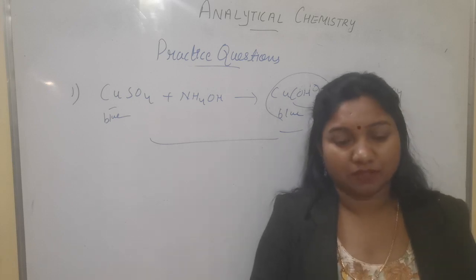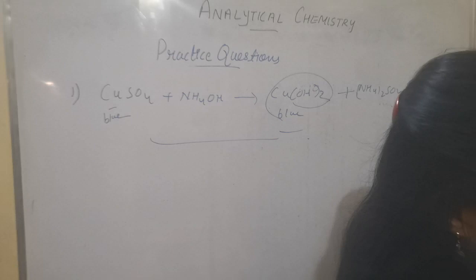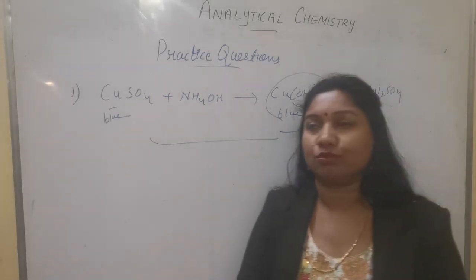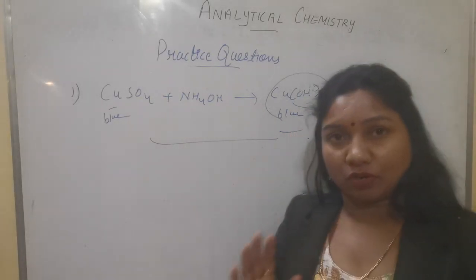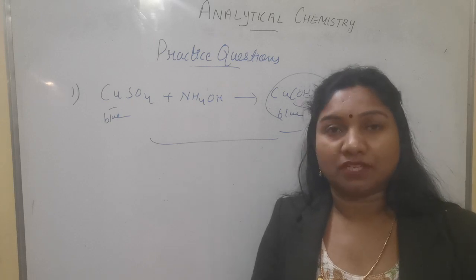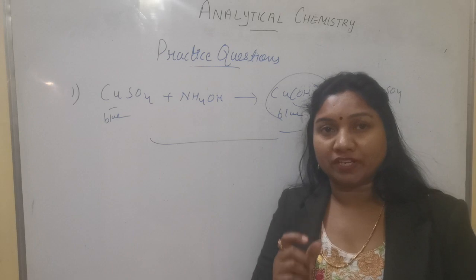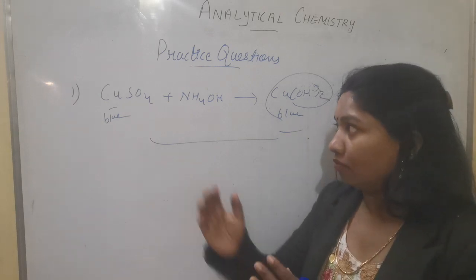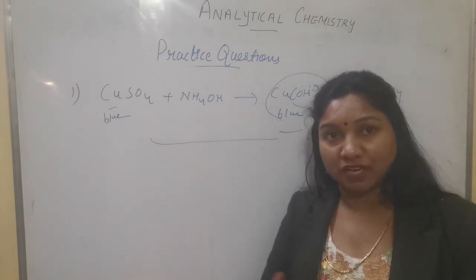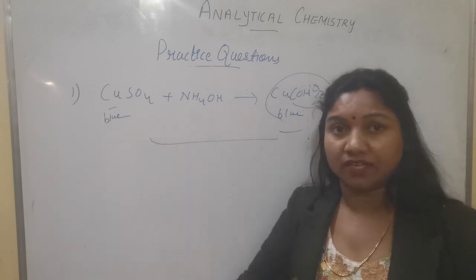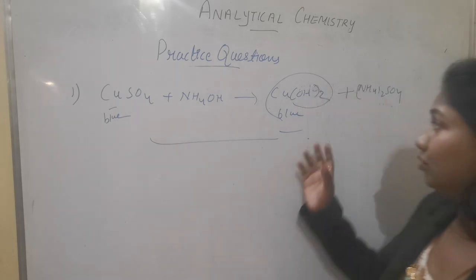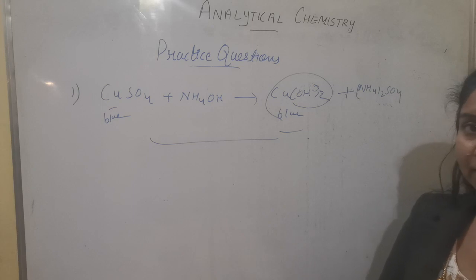Then you'll be able to solve the questions. But the most important thing is to first learn the periodic table, make yourself familiar with the symbols, the valency, and some of the very commonly found metals which we are frequently seeing in these examples again and again. So learn those examples very nicely.